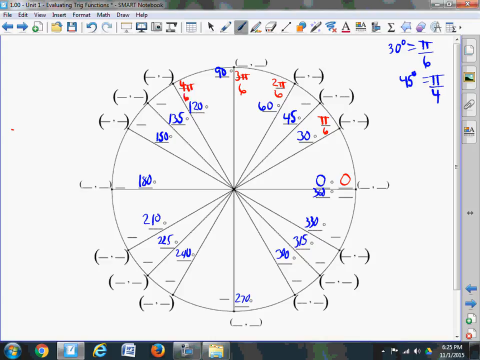It's going to skip over 135, because if I add another 30, it's 150, so 5 pi over 6. 6 pi over 6. 7 pi over 6. Skip over. 8 pi over 6. 9 pi over 6. 10 pi over 6. 11 pi over 6.